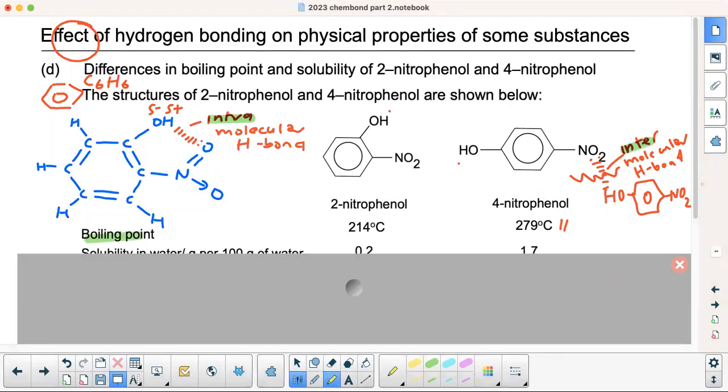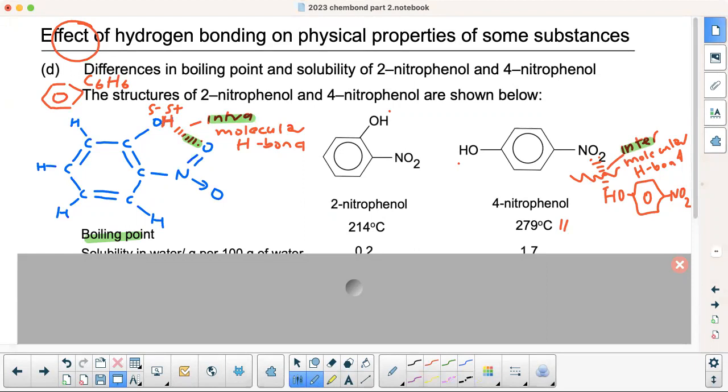Okay, so the idea is this. So the concept is this, right? So if you do form intramolecular hydrogen bond, you know what? If this H forms intramolecular hydrogen bond, this H cannot form intermolecular hydrogen bond. It cannot form anymore. So which molecule would have more intermolecular hydrogen bonds? 2-nitrophenol or 4-nitrophenol?